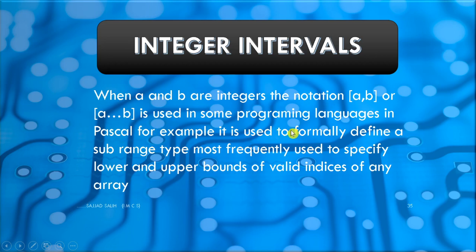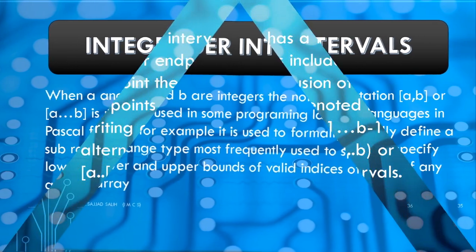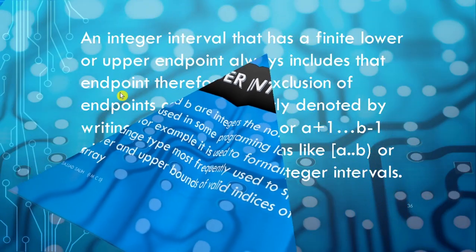It is used to formally define a subrange type, most frequently used to specify the lower and upper bounds of valid indices of an array. Okay, this is the integer interval in mathematics used in computer science.